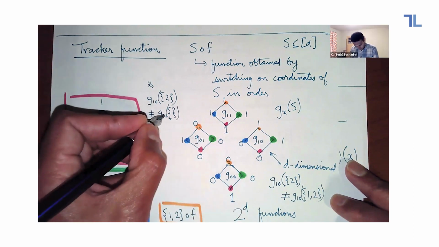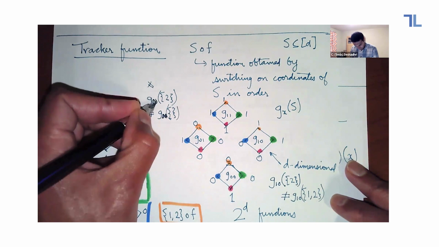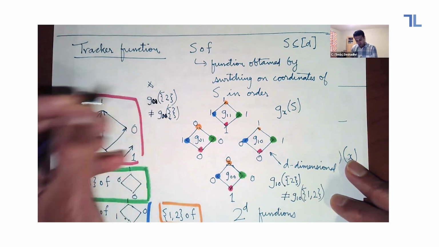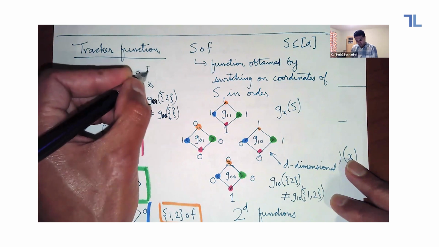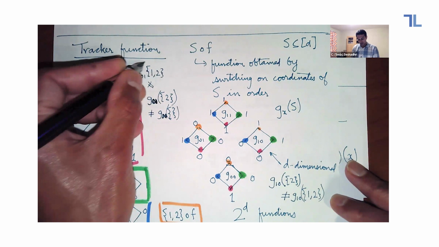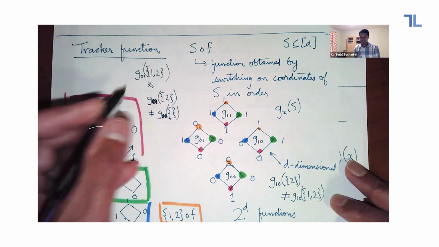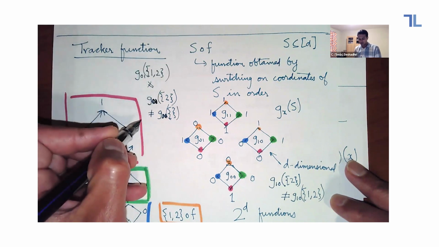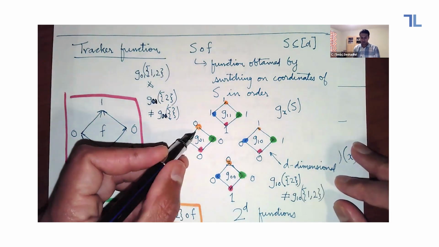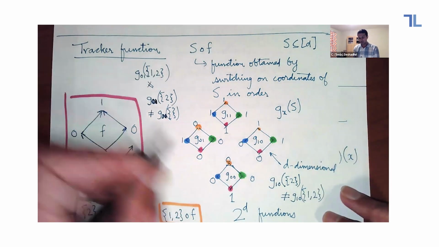I'm sorry, G01. So G01 of the set 2 is not equal to G01 of the null set, and is not equal to G01 of the whole set 1, 2. That's what influence means.